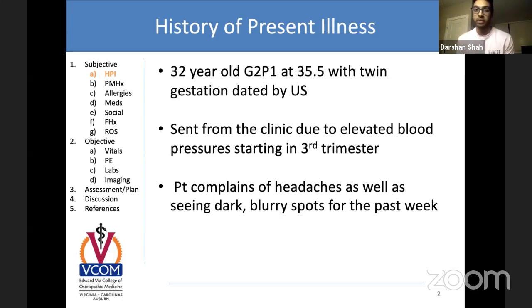She was sent from the clinic due to elevated blood pressures starting in the third trimester. The patient complains of headaches as well as seeing dark blurry spots for the past week. So right now, just think about what's concerning, what are some things you want to focus on, things you just need to keep an eye on.